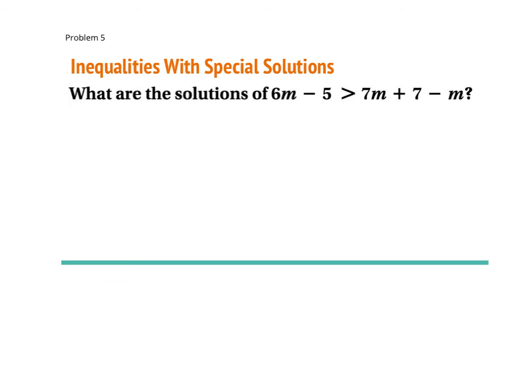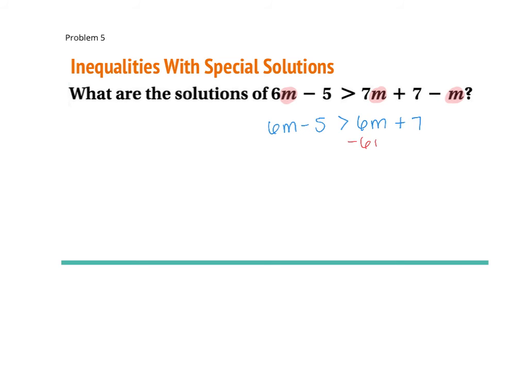In this one, we're going to get no solution. I want to show you what it looks like. So we've got 6m minus 5 is greater than 7m plus 7 minus m. Take a look, guys. We've got m, and m. Well, the two m's on the right side, let's go ahead and combine those. So 6m minus 5 is greater than 7m minus m is going to give us 6m plus 7.